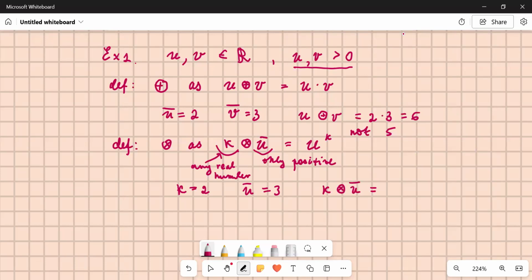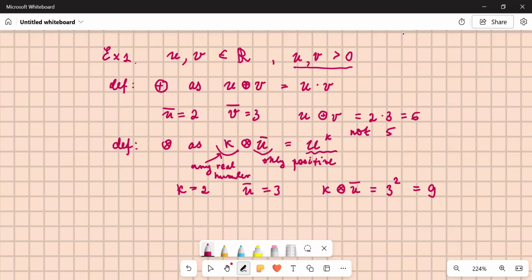Well, normally, guys, it's supposed to be 2 multiplied by 3 equals 6, right? But because my definition is slightly different, that's raising to the power, that's going to be 3 to the power of 2, which is actually 9. You see? Well, this is just an extreme example to show you that addition and multiplication can be really anything. And here, you see, it changed. Instead of addition, we use multiplication. Instead of multiplication, we use raising to the power.